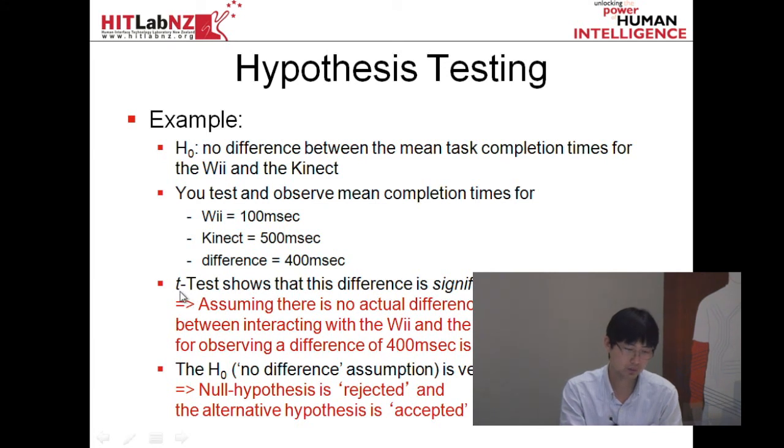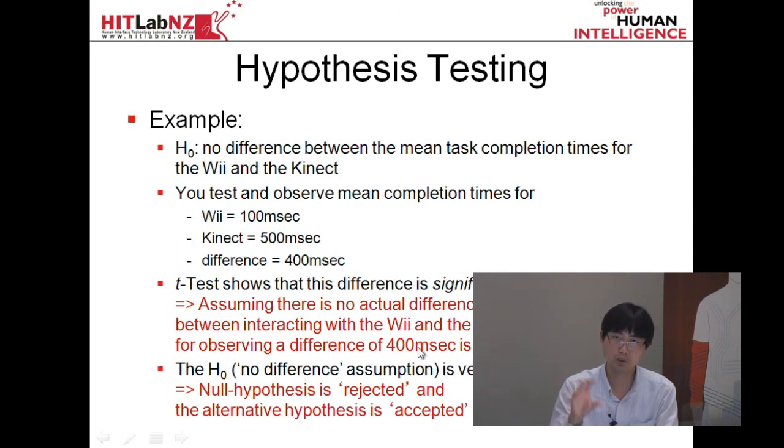In this case, you can use a t-test, which we'll cover later in another lecture. And you run this statistical test, and the test printed out a p-value of 0.04. Then, since it's lower than 0.05, which is the commonly accepted alpha level, you can say the difference you found is not by chance.